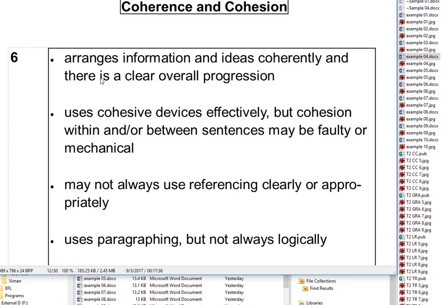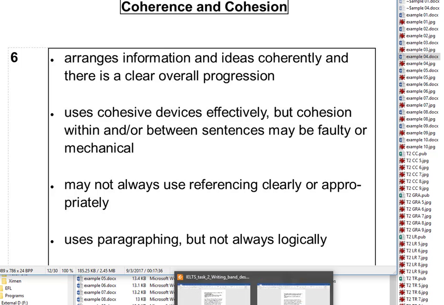for coherence, yeah, the ideas are coherent. There does seem to be progression. Cohesive devices are usually effective. Cohesion within or between sentences may be faulty or mechanical. Well, that's not true for this text. May not always use referencing clearly or appropriately.